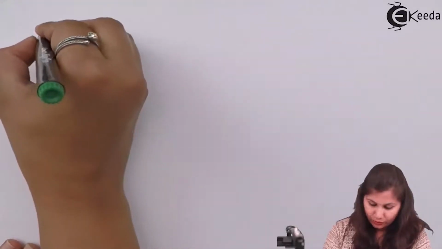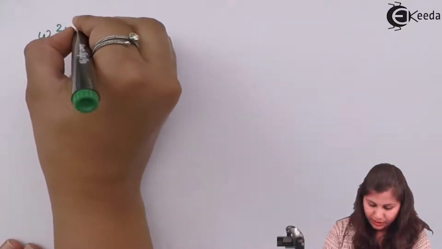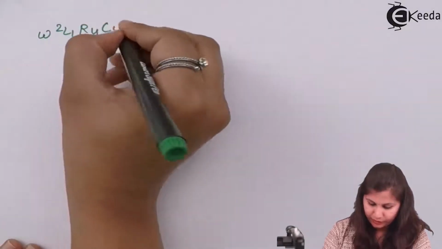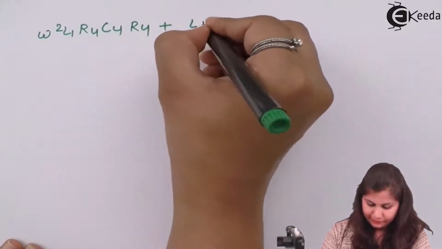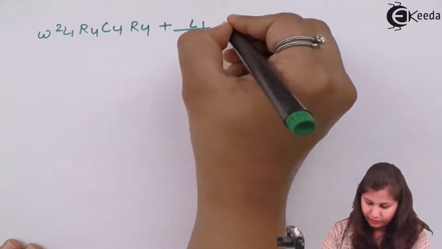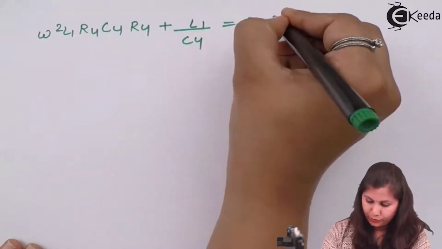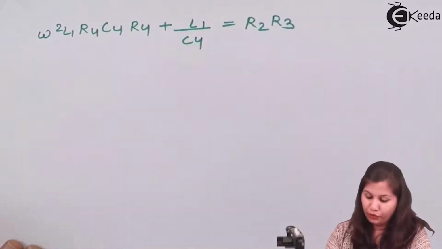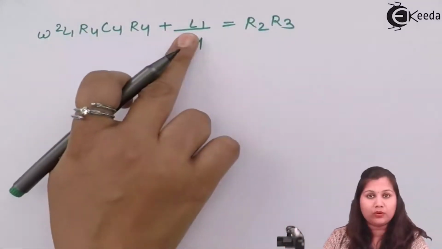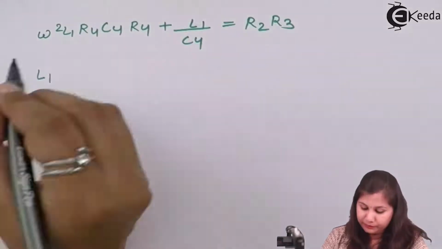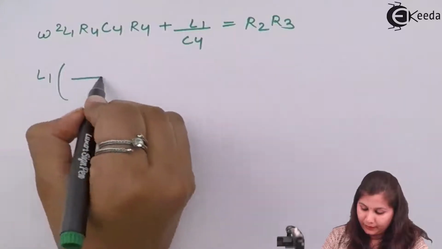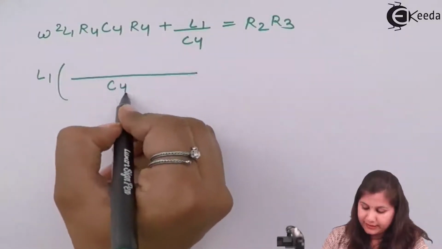R1 is omega square L1 R4 C4, multiplied with R4, plus L1 upon C4 equals R2 R3. From this equation we want to find L1. So take L1 as common. We have here C4.